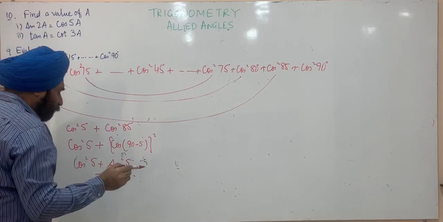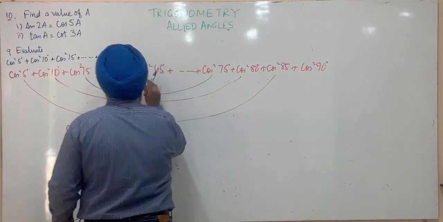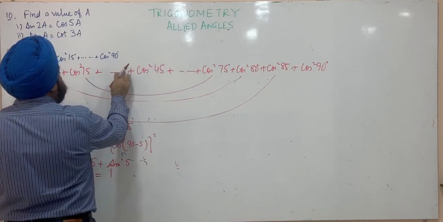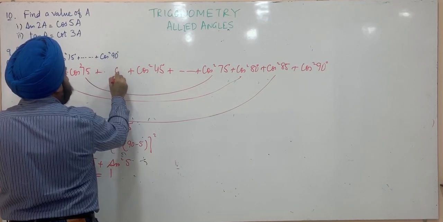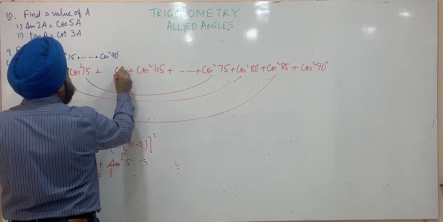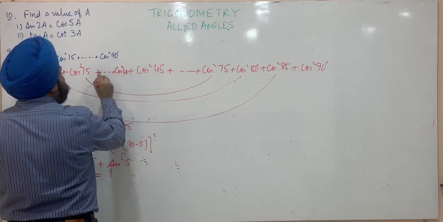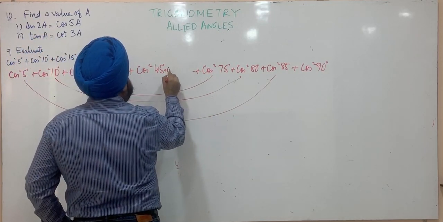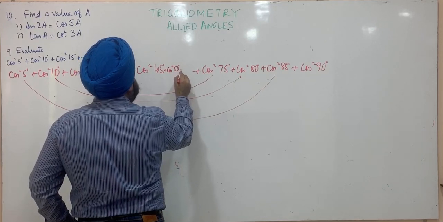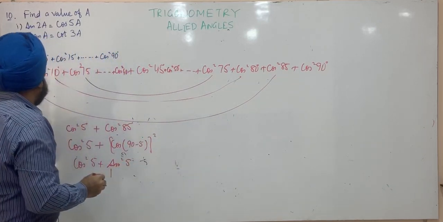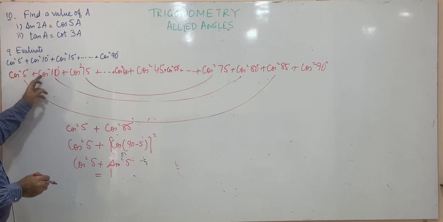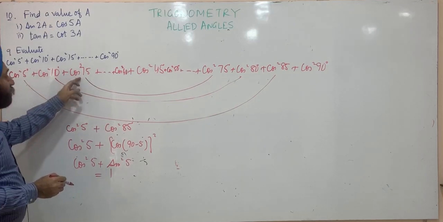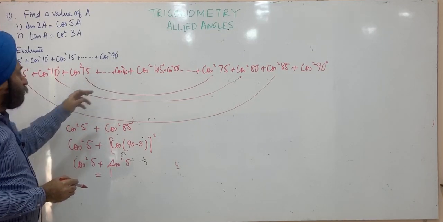So before 45, let us write this is cos of 45 degrees, cos square of 40 degrees and so on. And after 45 degrees we will have cos square of 50. So we will have cos square 5, cos square 10, cos square 15 up to cos square of 40.